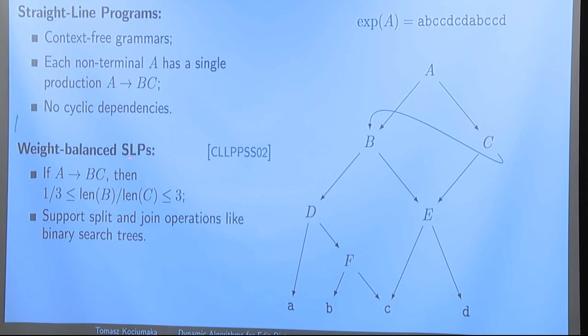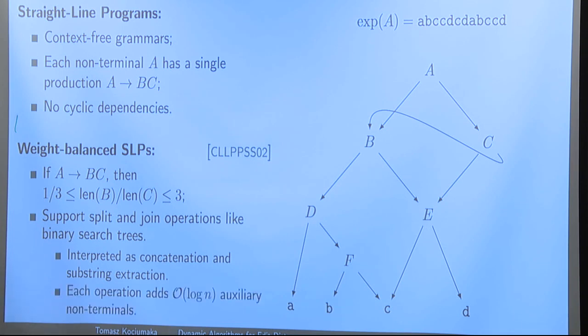And this formalization already supports operations like concatenating two symbols and extracting a substring of a symbol. So we can use them in a black box fashion. And each of these operations only adds logarithmically many new symbols to the grammar.